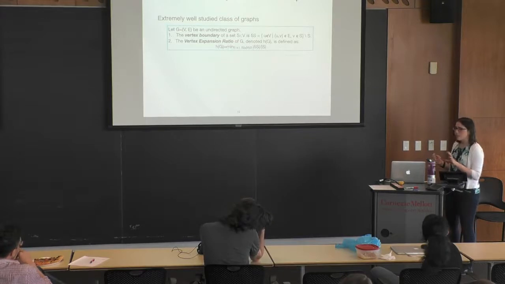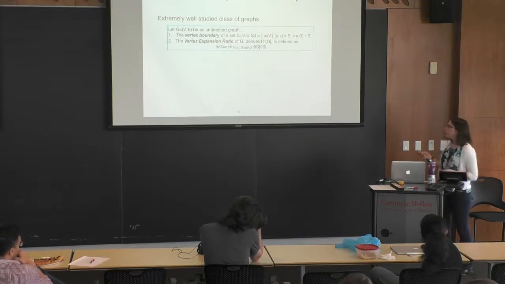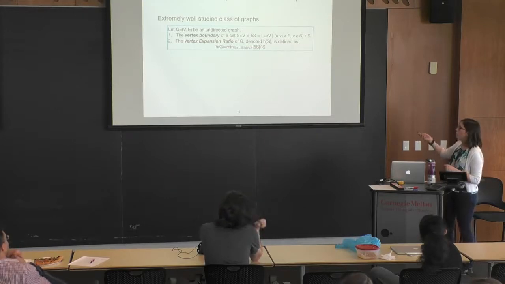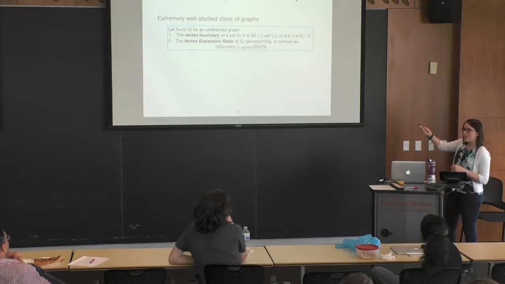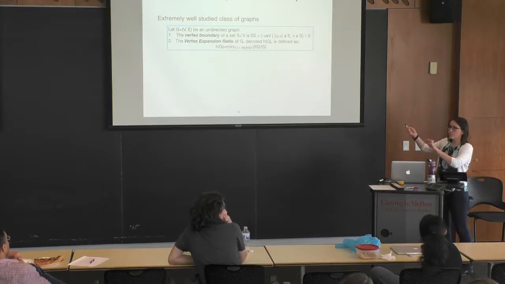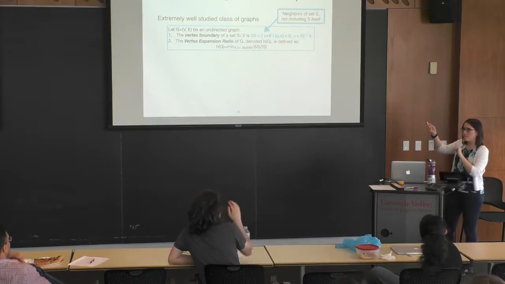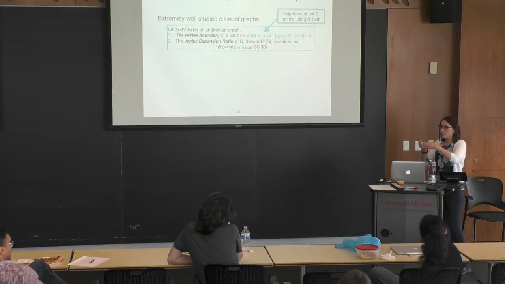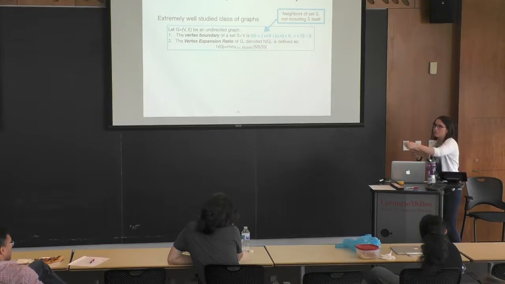This is a very well-studied mathematical object where a graph is said to have an expansion ratio if the following holds. We look at a subset of the vertices, and we look at its vertex boundary. The vertex boundary means you look at the set, ask who its neighbors are, and take out the set itself from it. So you just want to see the neighbors outside of the set.